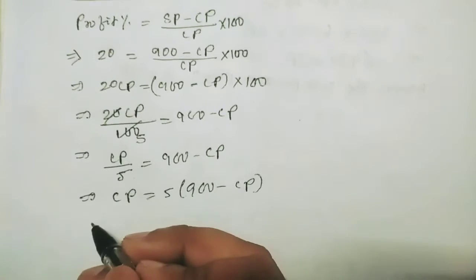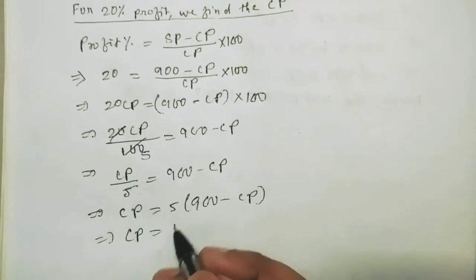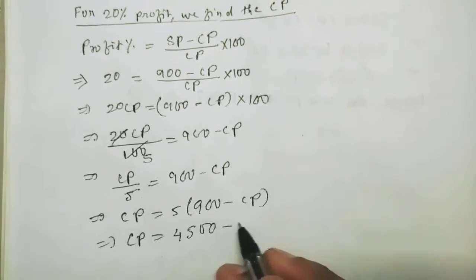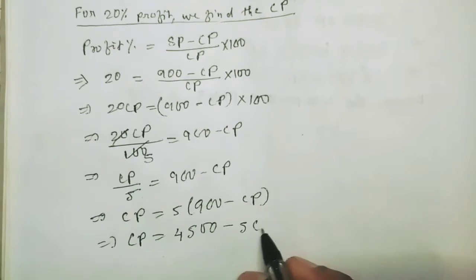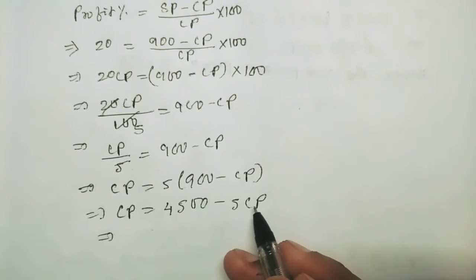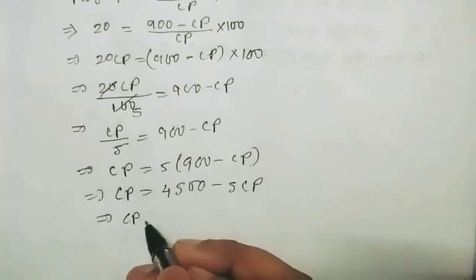So CP equal to 5 into 900, which is 4500, minus 5 into CP, 5 CP. So we are getting this equation, and you have to find the value of CP. This 5 CP will go to this side and it will become plus.